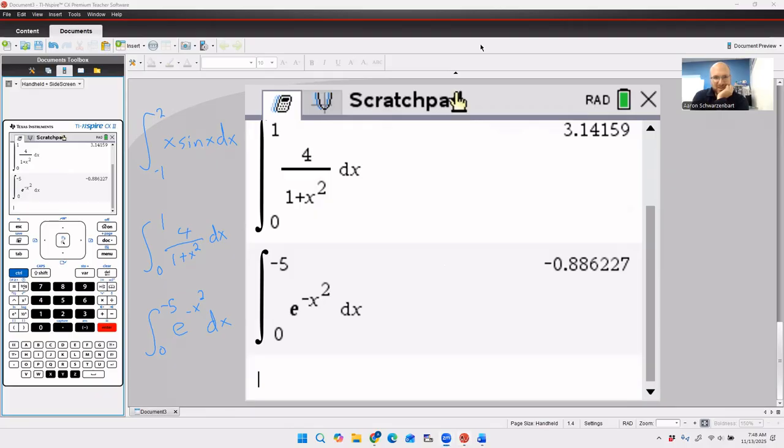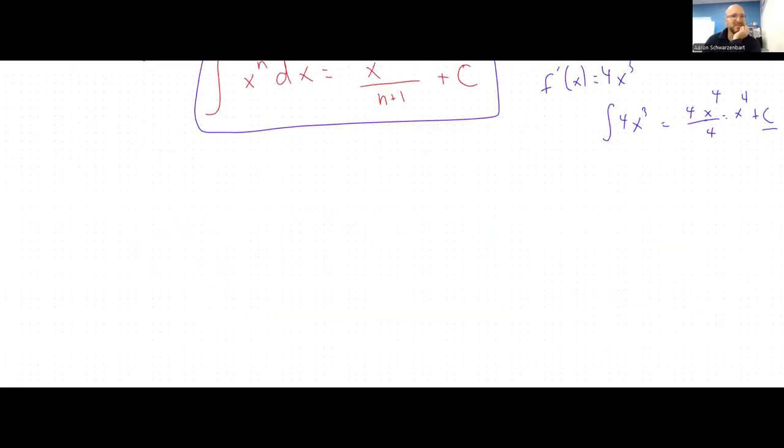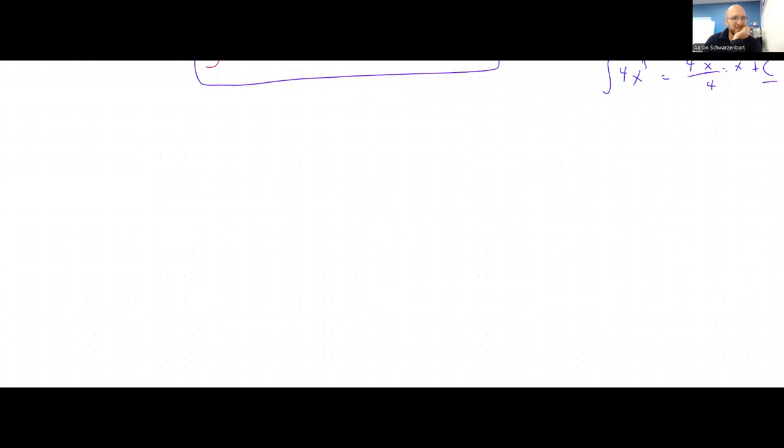Okay, we're going to talk about integrating a special function here. In order to do this, we need to think about the graph.